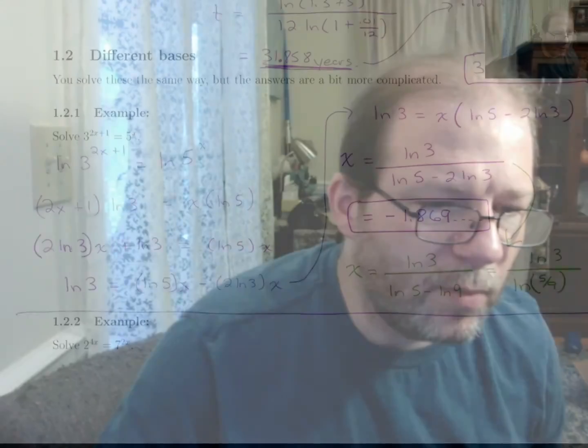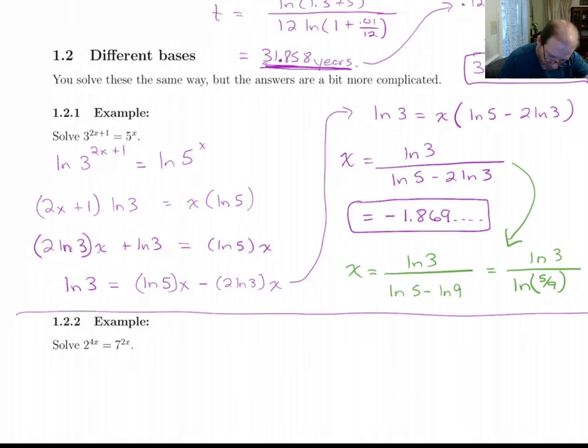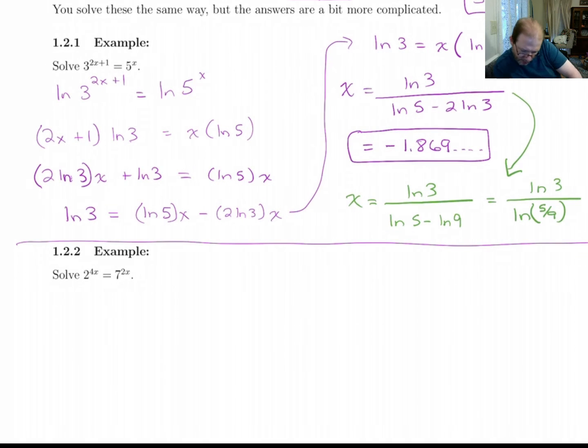All right, we got one more example like this. Let's look at it. 2 to the 4x equals 7 to the 2x. If you look at this one, you might be able to find the answer immediately. If you don't, you might look at it and immediately say, well, if x were 0, then both sides would give you 2 to the 0, and so both sides would give you 1.